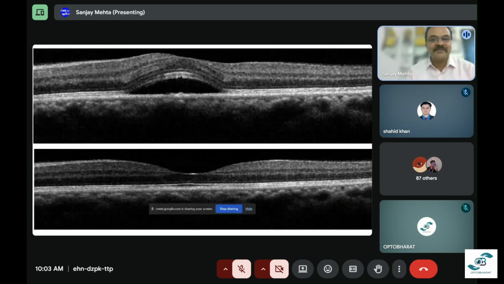Over a period of time, he said, no, I want to take care of my eyes. He took a break from everything, and within 2 months it became quite normal. In between, one time it again became bad, but for the last almost 1 year, it is stable.